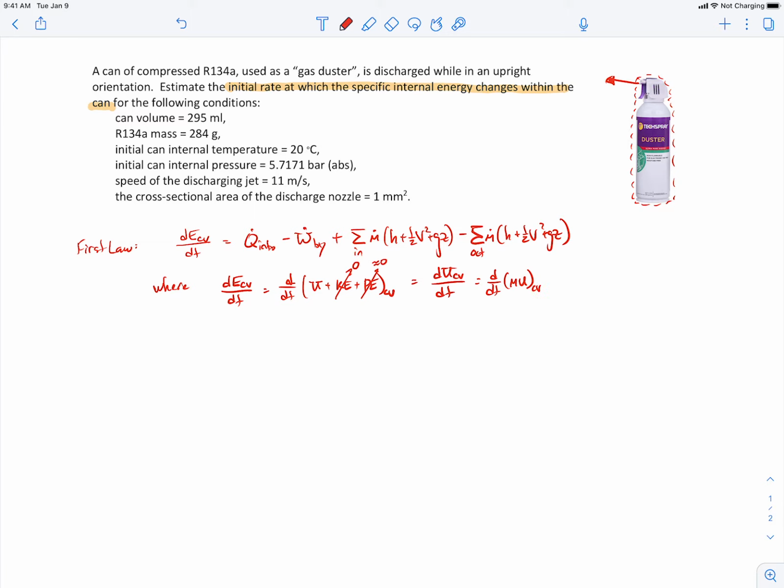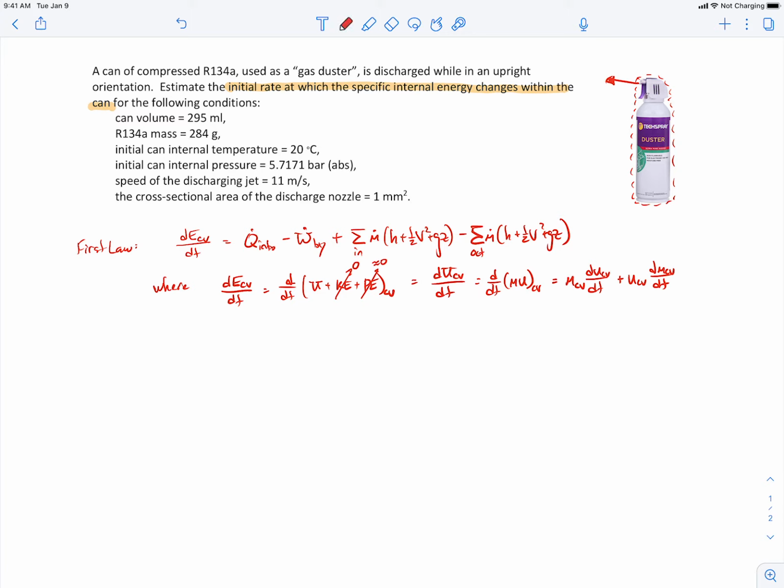And since the mass is changing with time and the specific internal energy is changing with time, I'm going to carry that time derivative through to both. So it'll look like this when I expand that derivative. I have to include both since both the mass and the specific internal energy are changing with time. Okay, so that's this very first term.